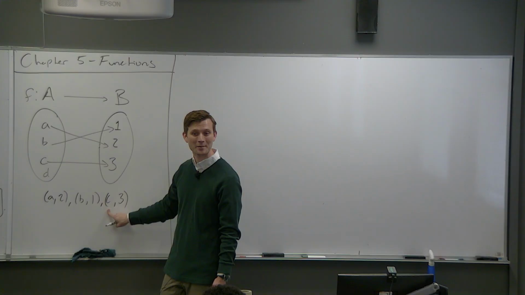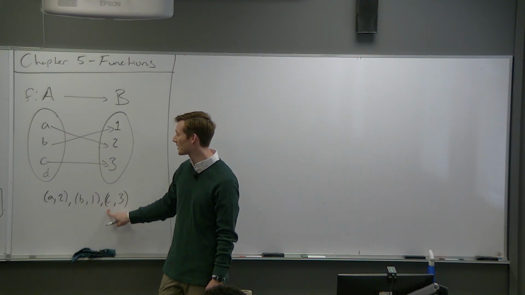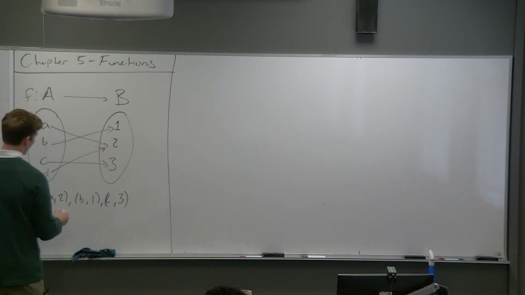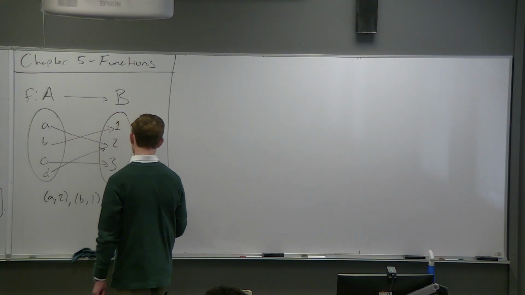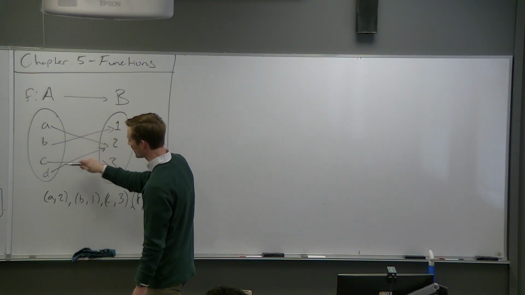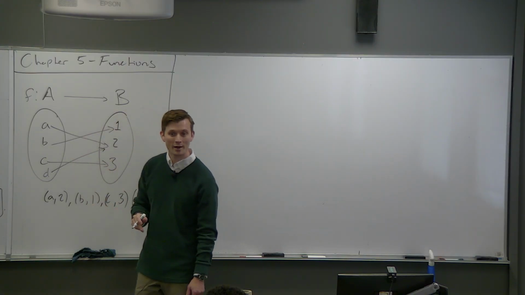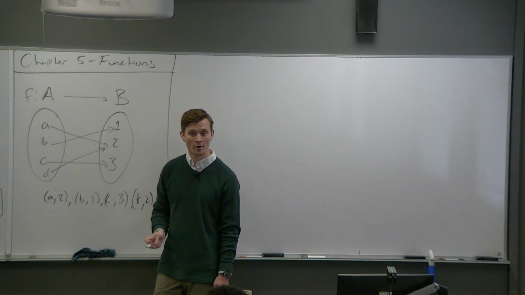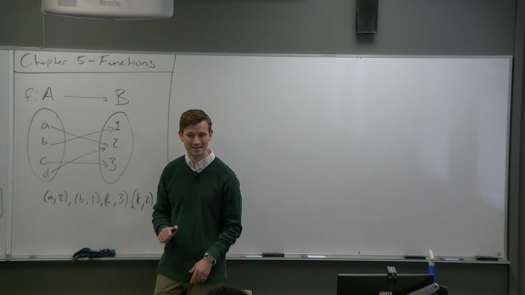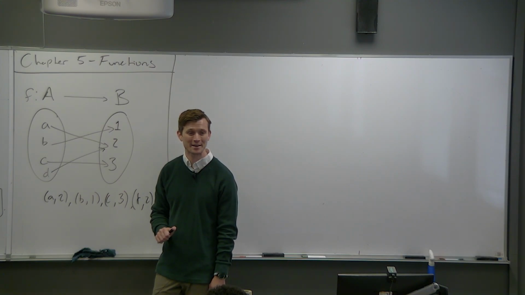Maybe it sounds like a mouthful when you say it like that, but capturing the idea with arrows makes it relatively clear what's going on. So if I put D2 here, okay, cool. Everything over here has one arrow going out of it. No more than one, no less than one, right? Exactly one arrow going out of each thing.